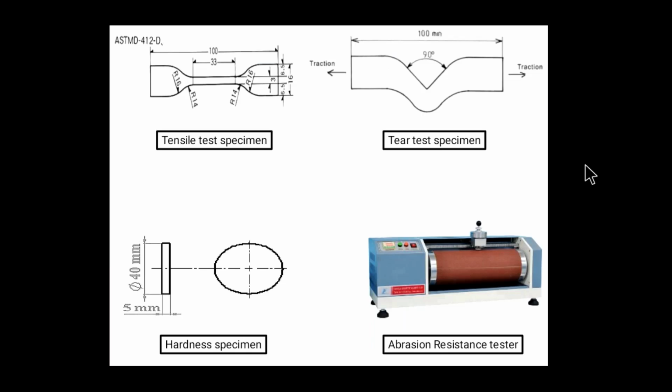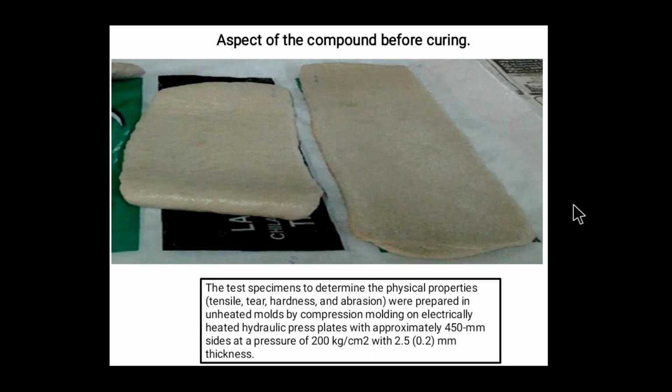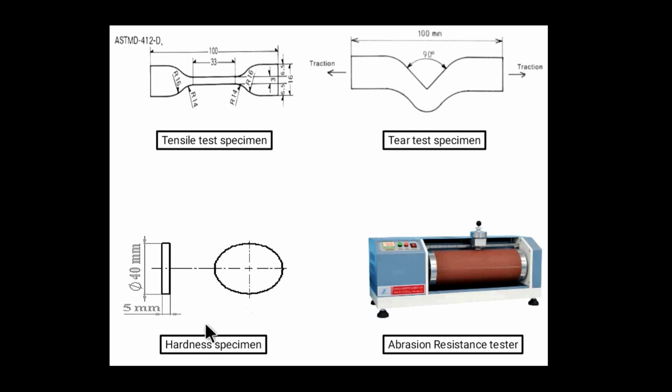The physical tests which I mentioned are the tensile, tear, hardness, and abrasion. This is the abrasion tester. As I mentioned earlier, nearly 2.5 mm thickness will be there for the tensile and tear tests. For hardness, definitely the diameter should be 40 mm.